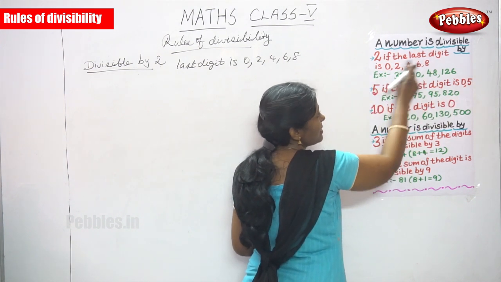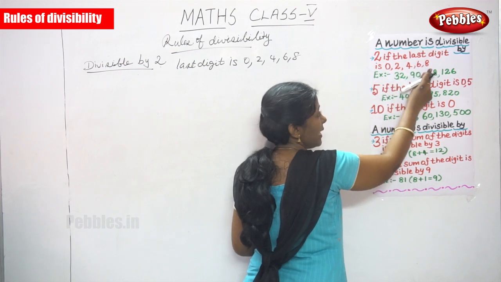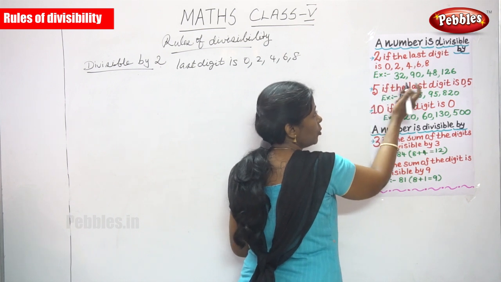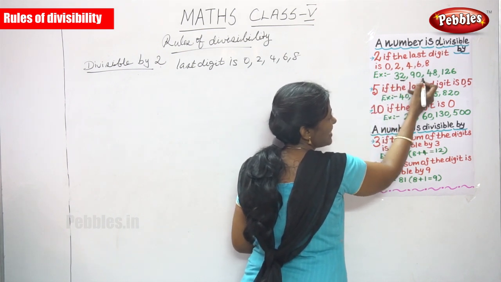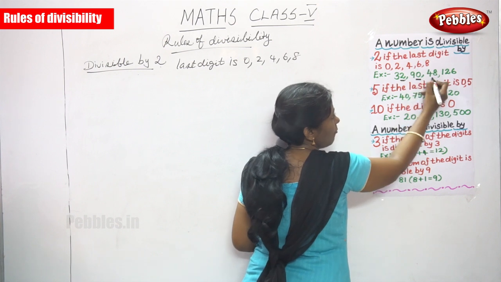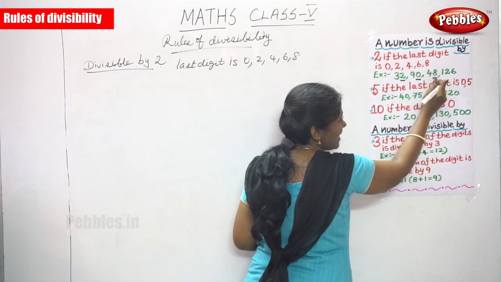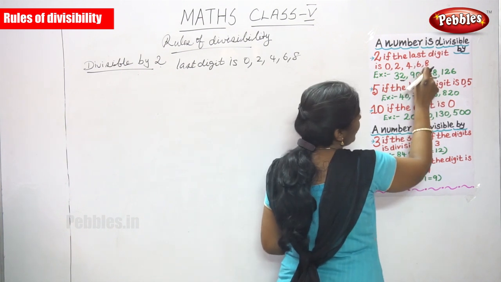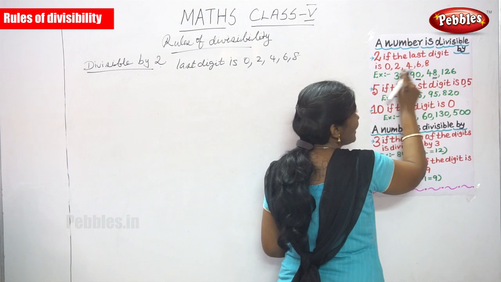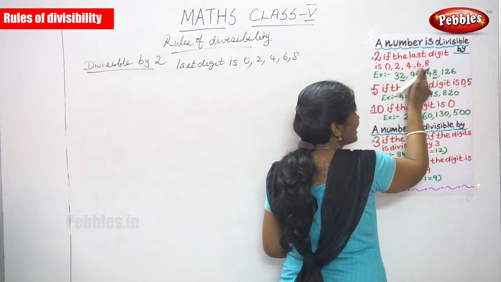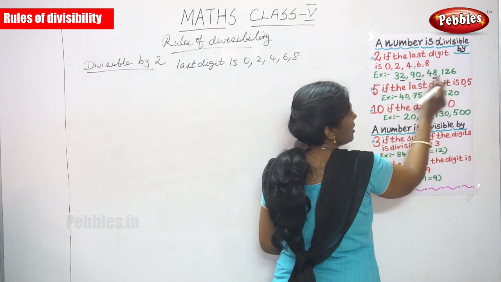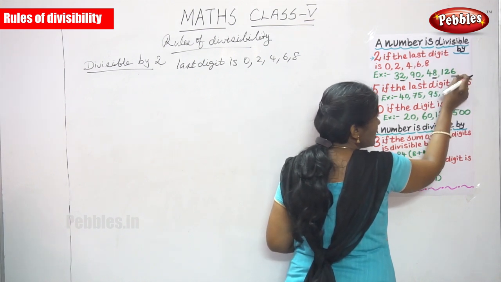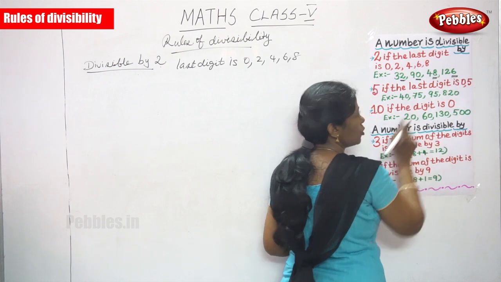For divisible by 2, if the last digit is 0, 2, 4, 6, 8, I have given some examples. 32 ends with 2. 90 ends with 0. 48, the last digit is 8. 126, the last digit is 6. So they are divisible by 2.